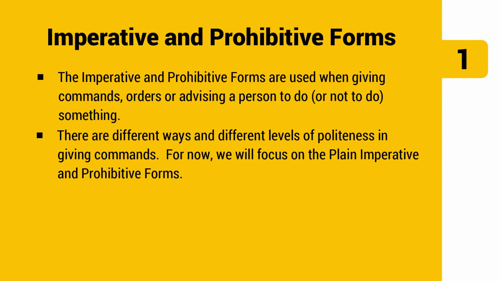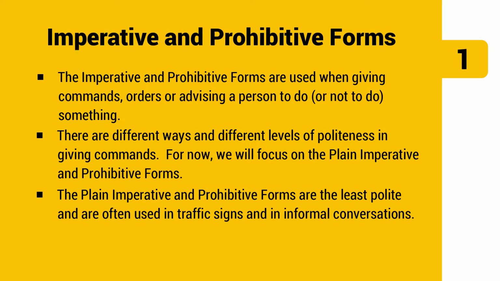There are different ways and different levels of politeness in giving commands. For now, we will focus on the plain imperative and prohibitive forms. The plain imperative and prohibitive forms are the least polite and are often used in traffic signs and informal conversations.